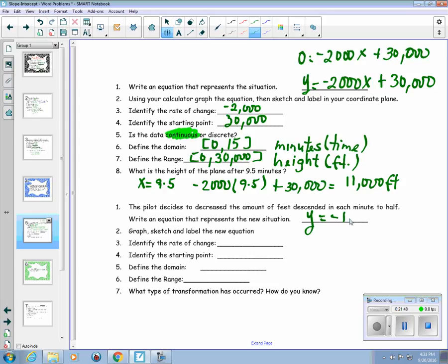Negative 1,000x plus 30,000. What's the rate of change now? Negative, not 1,000, negative 1,000 because it's descending. What's the starting point? That hasn't changed. 30,000. What's the domain?